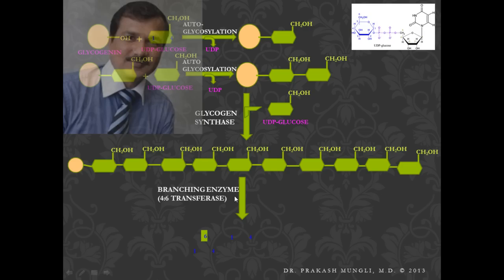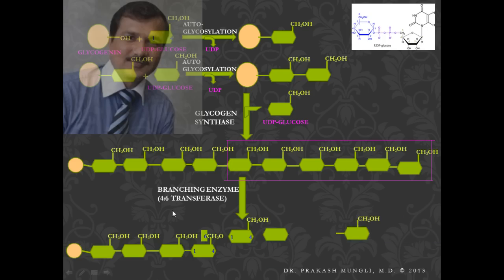a part of this will be taken by the branching enzyme. See, this part of the long linear chain is taken by this branching enzyme. The branching enzyme is also referred to as alpha 1,4 to alpha 1,6 transferase, also called 4,6 transferase. What it does is cut off that branch in total.